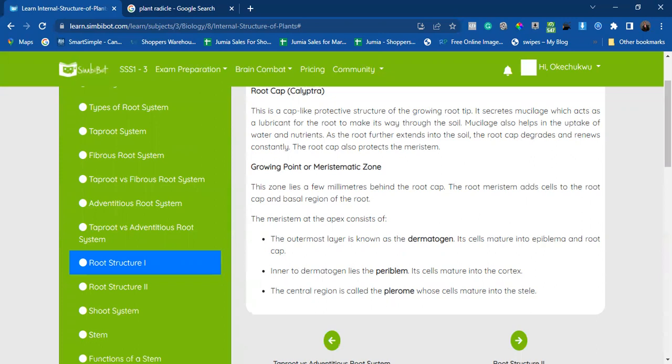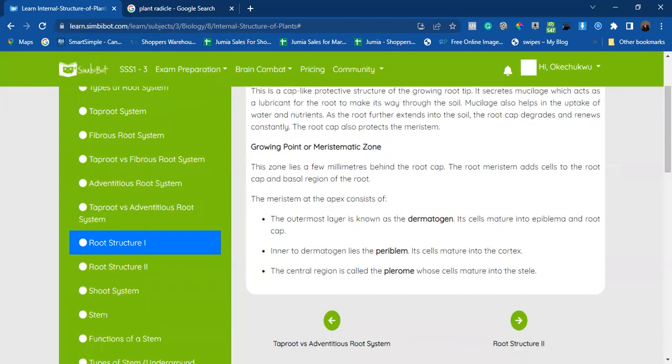Now, the next thing we'll look at is the growing point, or meristematic zone. The growing point is the point where the roots grow from. The zone lies a few millimeters behind the root cap. The root meristem adds cells to the root cap and basal region of the root.